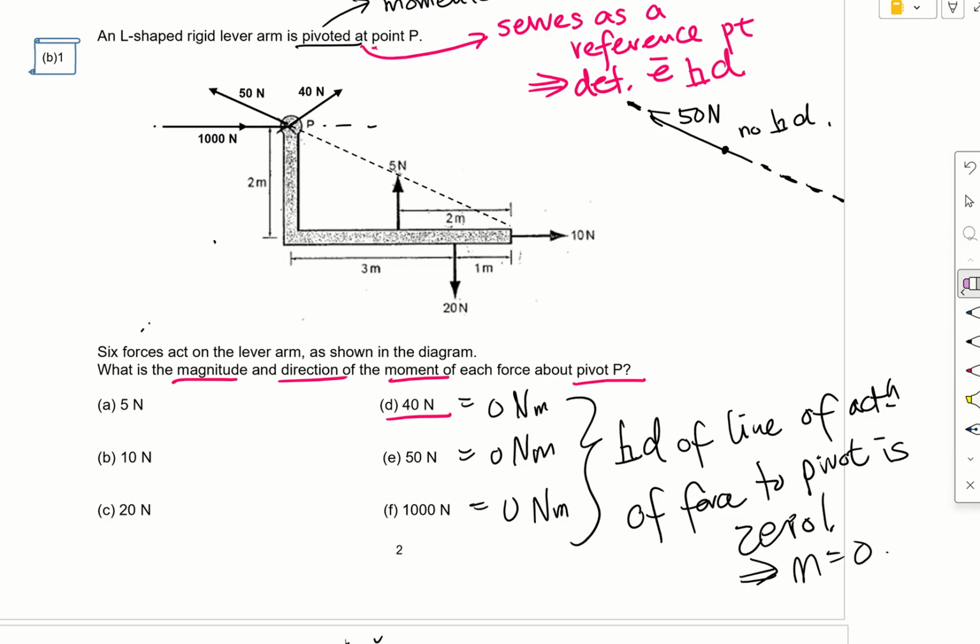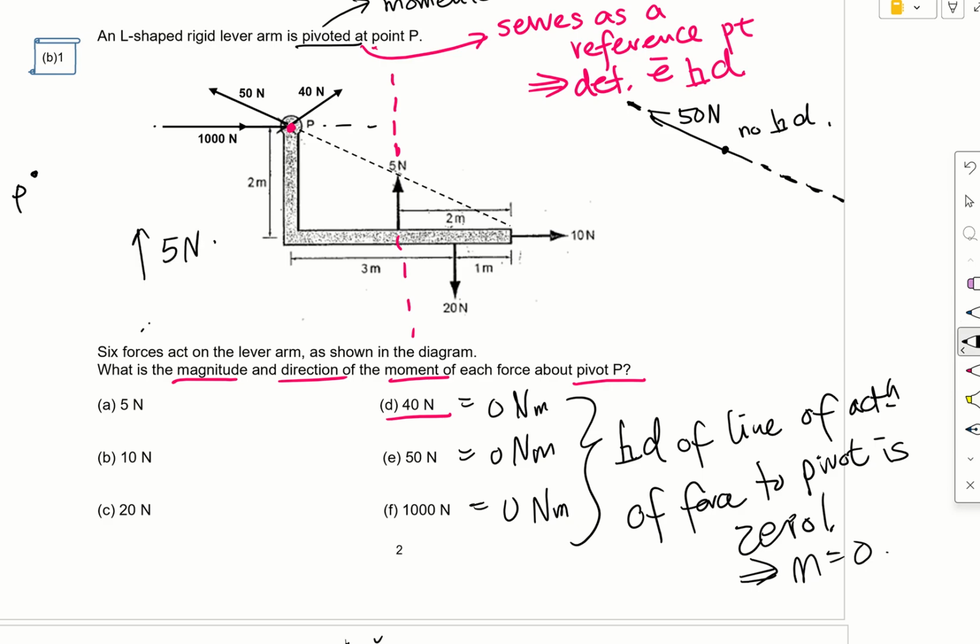So the 5 Newton, the pivot is here. What's the first thing that you need to do? Draw the line of action of the 5 Newton. It can be very confusing here because there are so many dotted lines, right? So I can just imagine myself putting my pivot here, and my 5 Newton is somewhere here.